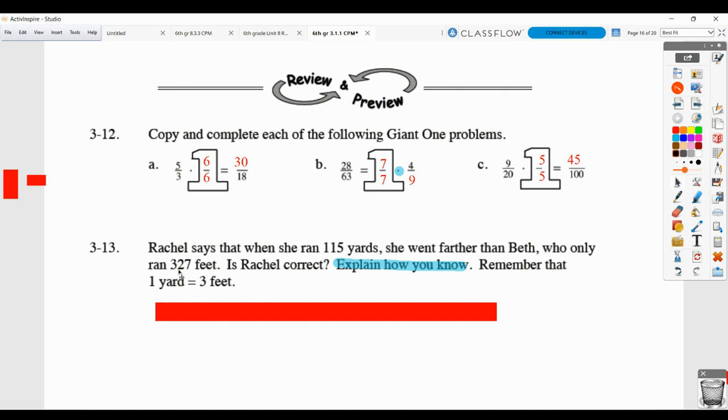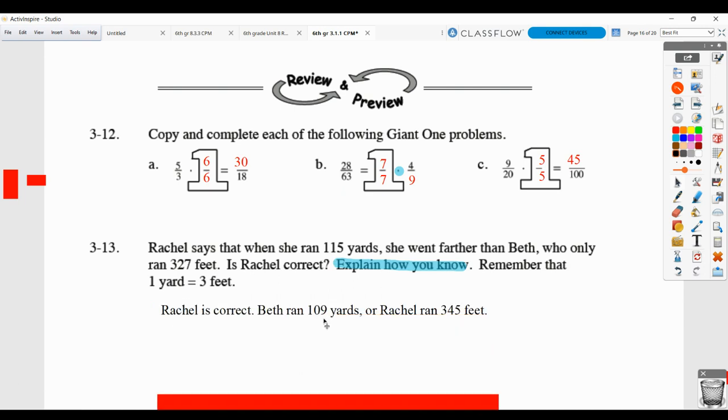Or you should take 327 feet and divide by the fact that there's 3 feet in a yard, and you would get 109 yards, which again proves that Rachel did run farther. Beth ran only 109 yards. Rachel ran 115. So again, Rachel ran further. Or you could say Rachel ran 345 feet compared to 327 feet. Again, in each case, Rachel is correct. She ran further. But again, make sure you're showing how you got that.